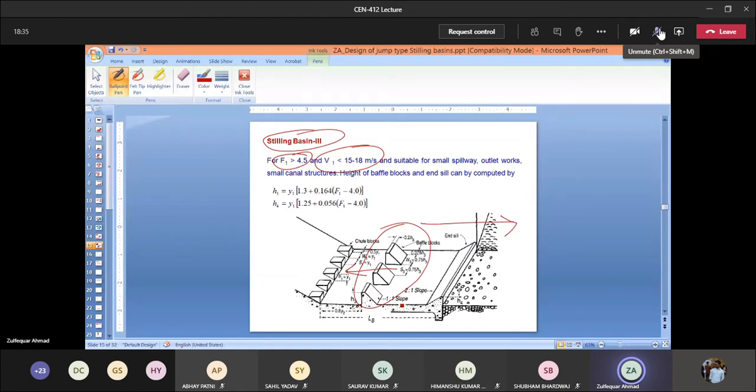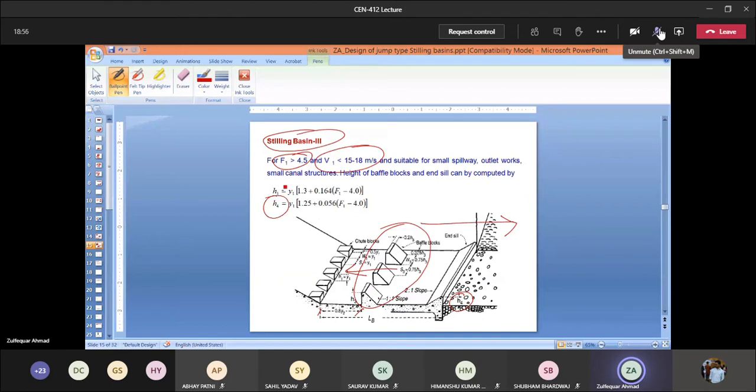You see all the dimensions that are given here. At what distance you have these baffle walls, what is the height of the chute blocks, what is the spacing of the chute blocks, what is the slope of these baffle blocks, what is the slope of this end sill, right? What is this height, H4? H4 you can get from here, okay?